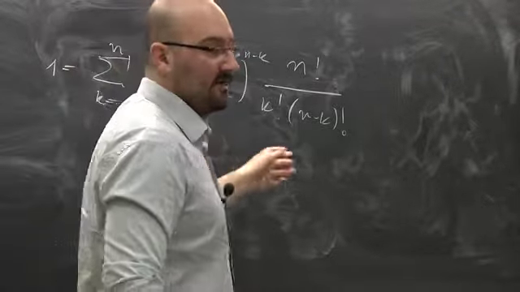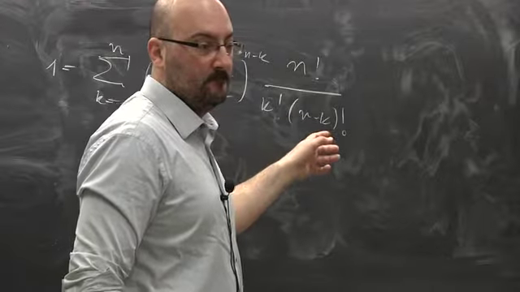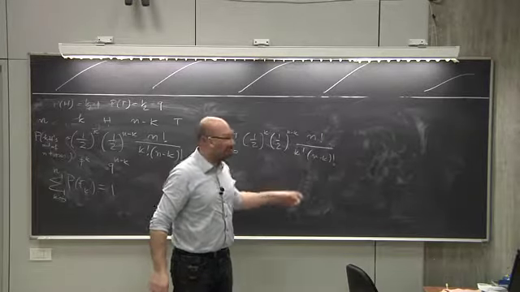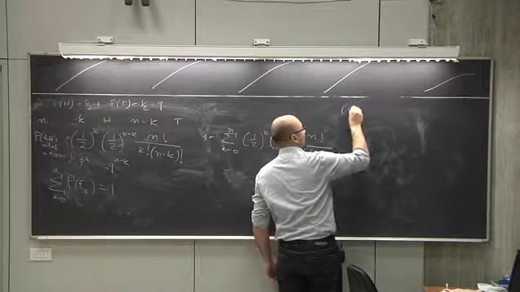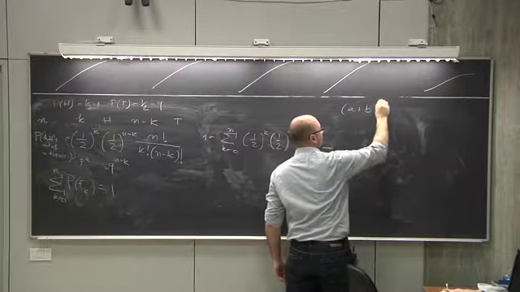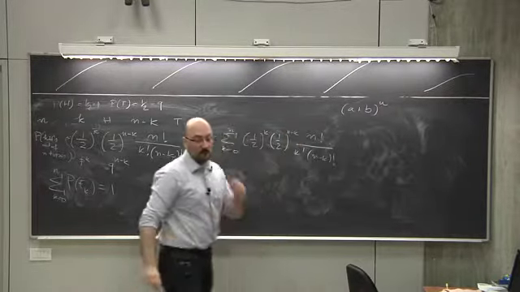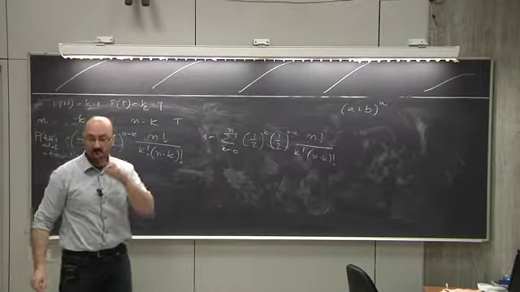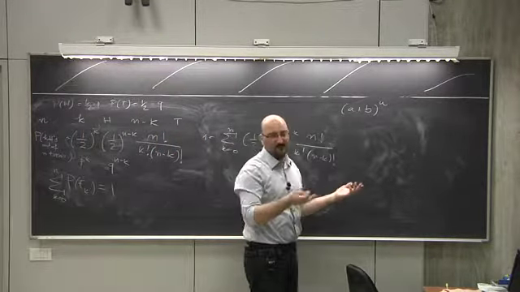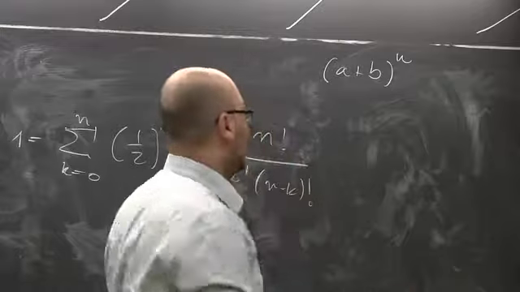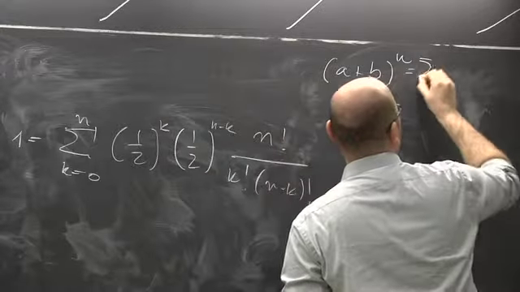Have you ever seen this identity before? This is when you have something like a plus b to the n. How can you expand it? With the binomial expansion.